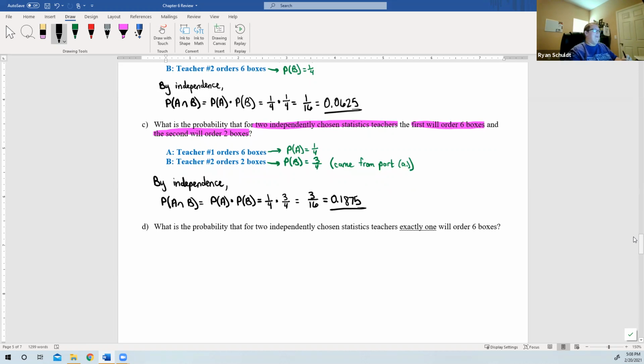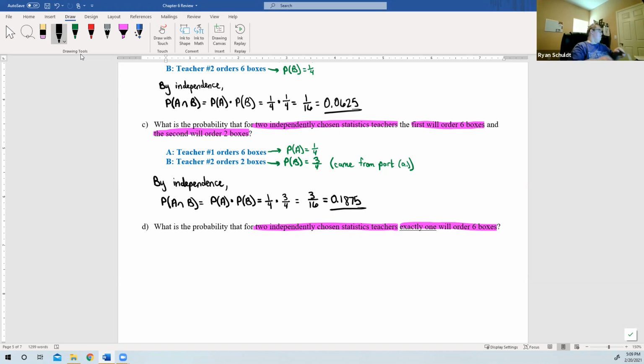Okay, D. What's the probability that for 2 independently chosen statistics teachers, exactly 1 will order 6 boxes? Okay, so what we need here is we want only one of them to get 6 boxes.